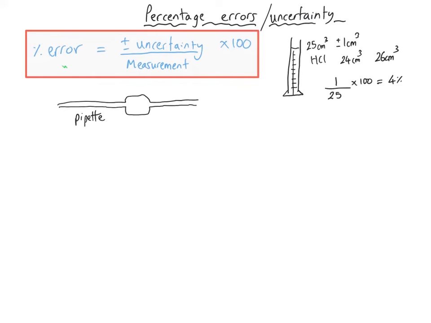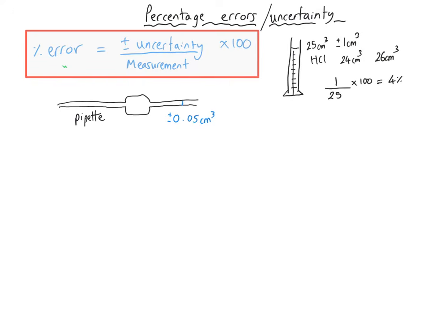Now, in reality, of course, you wouldn't use a measuring cylinder to measure 25 centimetres cubed at A level. You would use a pipette, because pipettes have just got the one graduation on, and once you get to that line, you've got 25 cubic centimetres. And the percentage uncertainty for a pipette is found using the absolute uncertainty of plus or minus 0.05 cubic centimetres.